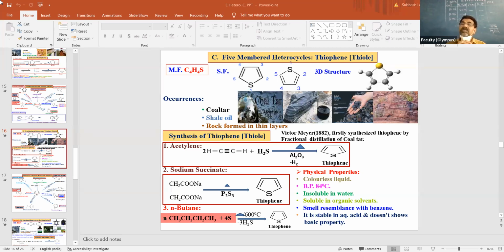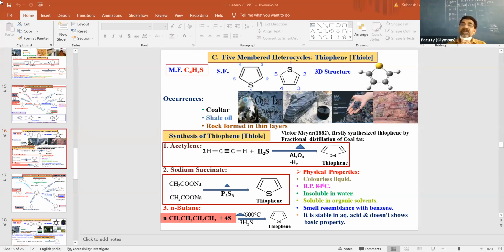That is called thiophene. How do we obtain thiophene from acetylene? 2 moles of acetylene, CH triple bond CH, plus H2S in the presence of alumina Al2O3 as a catalyst, in a red hot tube. You heat both the acetylene gas and H2S gas in a red hot tube, and in the presence of alumina you will obtain a colorless liquid.